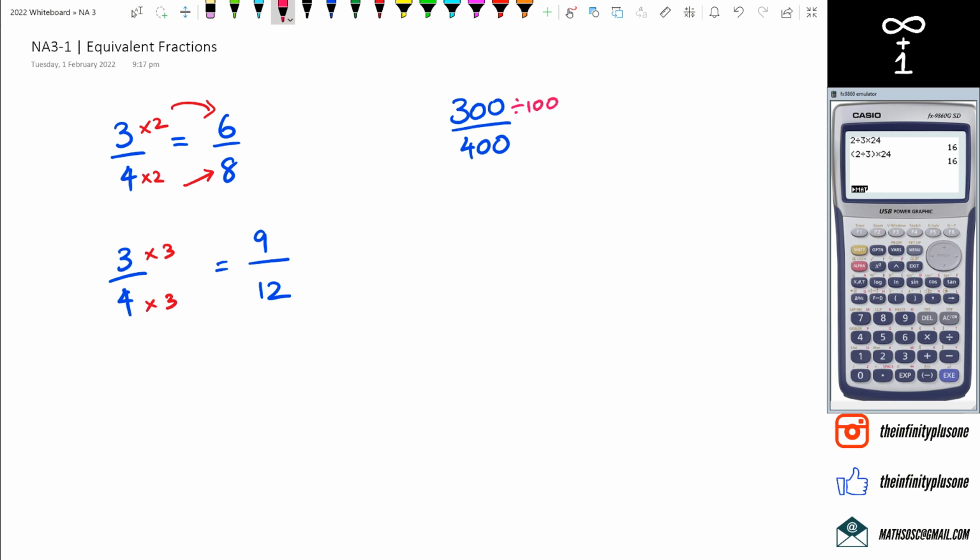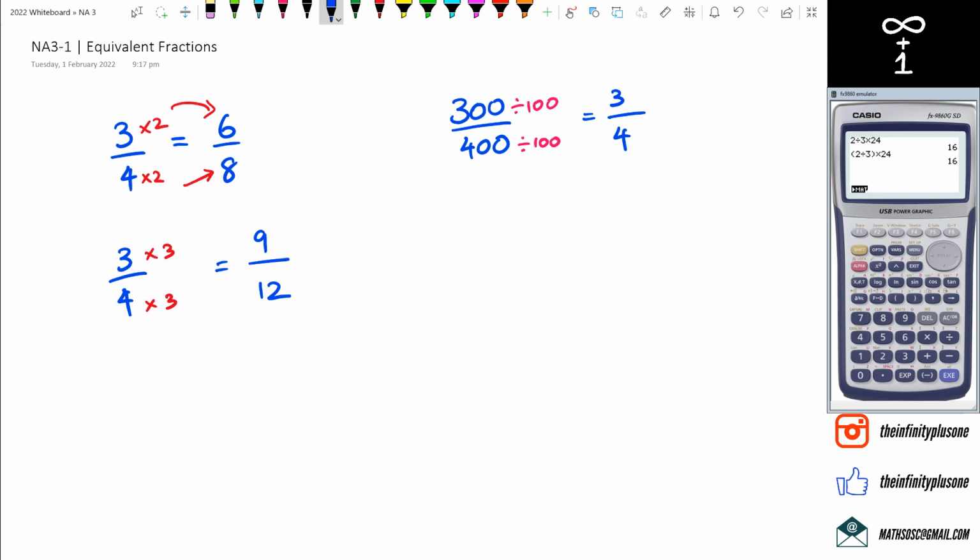So I'm going to divide the top number by 100 and the bottom number by 100 as well. 300 divided by 100 is 3, and 400 divided by 100 is 4. So basically, equivalent fractions is when you take a number and whether you multiply it or divide it, as long as it has the same proportion.